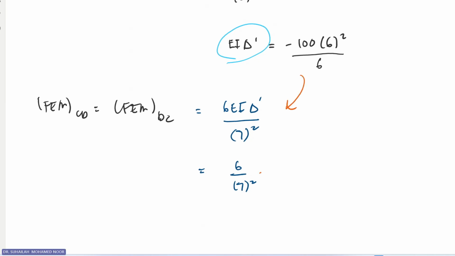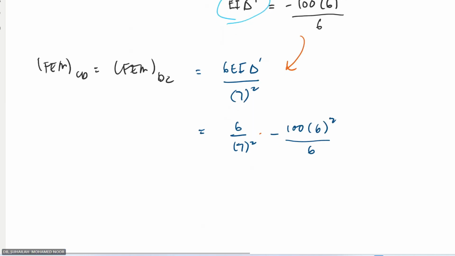When we substitute, it is negative 100 times 6 squared divided by 6. We solve this, and this 6 will be cancelled.